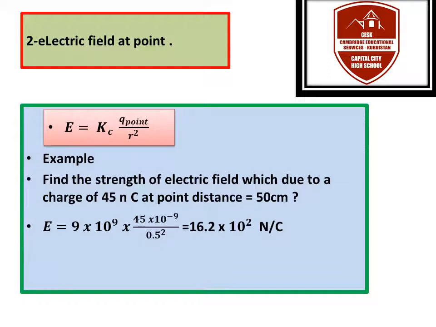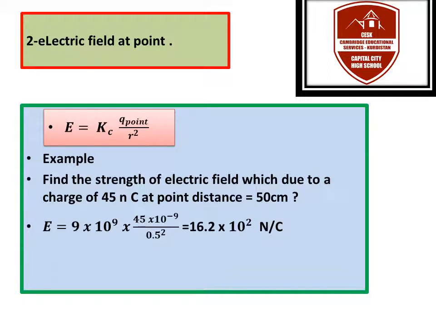Okay, now I told you 45 nanocoulomb should be converted to coulomb by what? By times 10 to negative 9. Here use the rule: E equals 9 times 10 to power 9. This is the constant of Coulomb, which should be given in the question.